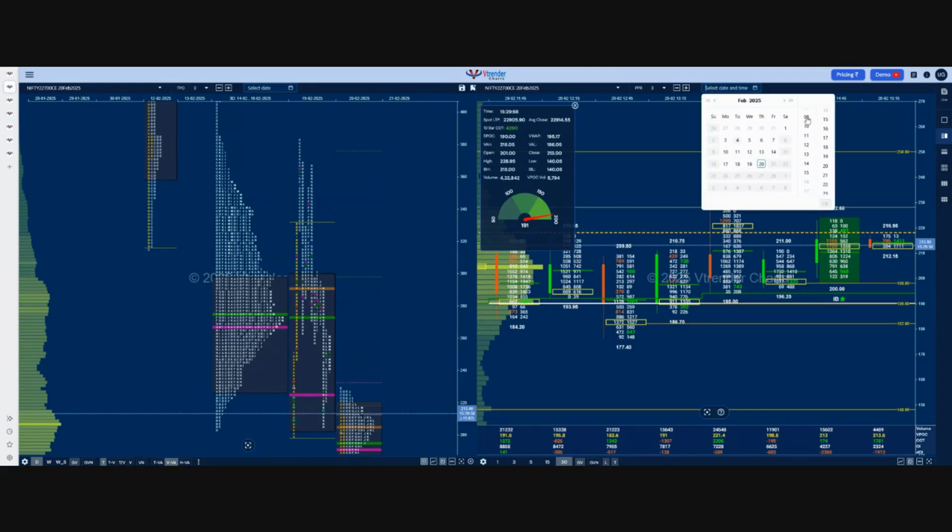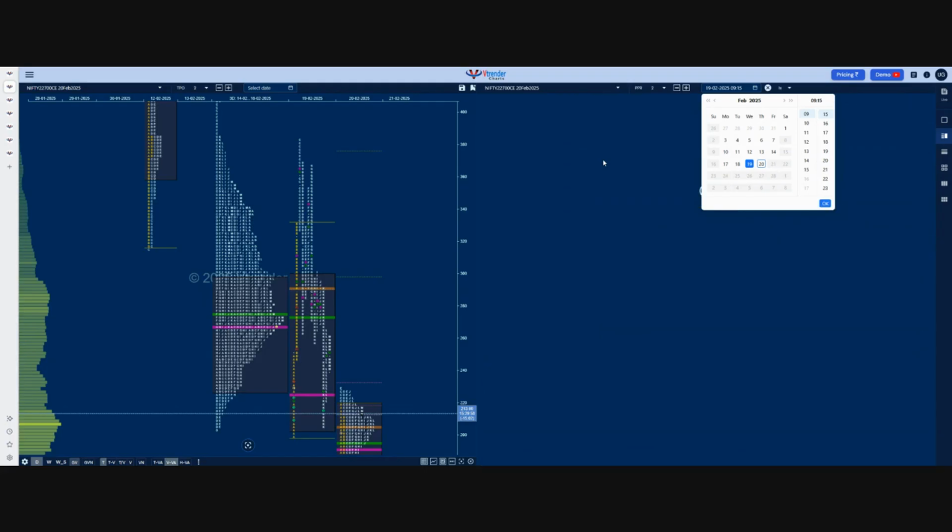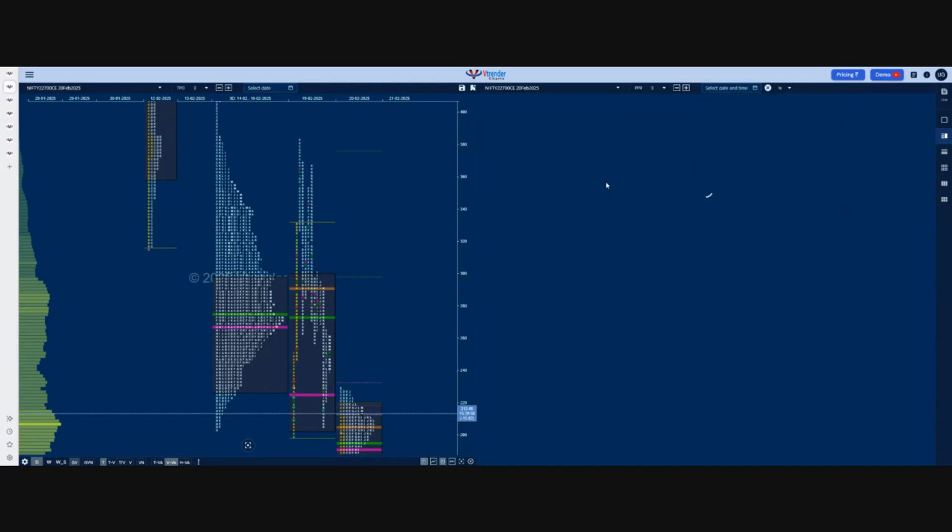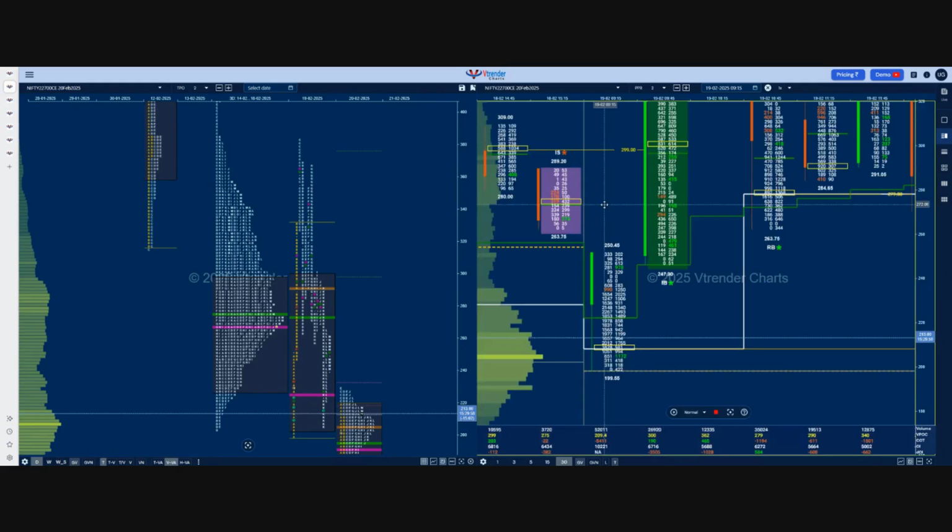I'll go to yesterday's open, and I'll just increase the PPR size.